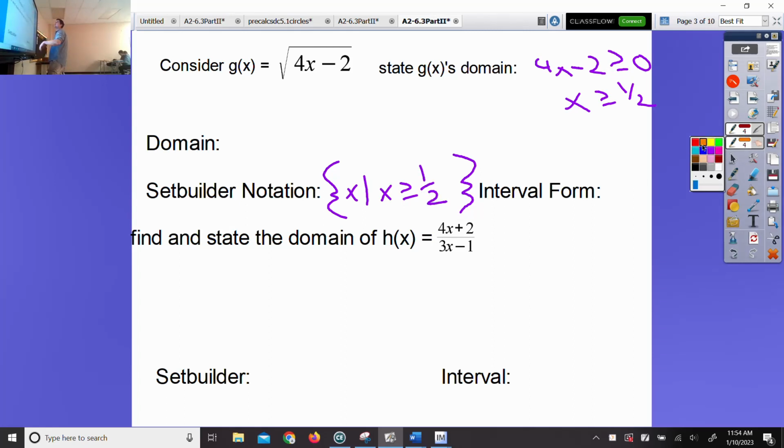Interval form: when I taught interval form, what I would do is take our existing inequality and put it on a number line. 1/2, by the way, is a solid dot, greater than or equal to. Which way would you shade? Shade to the right.